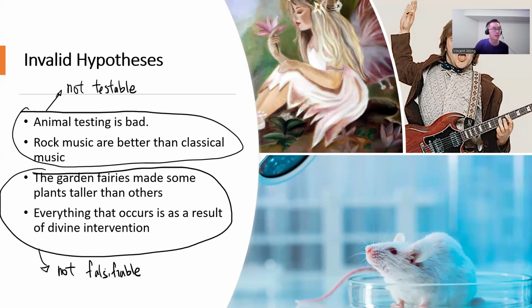And if you cannot show something to be wrong, then it's not a valid hypothesis. Okay, so testable and falsifiable. Those are the two conditions that must be met in order for a hypothesis to be valid. Does anybody have any question about this before we move on?